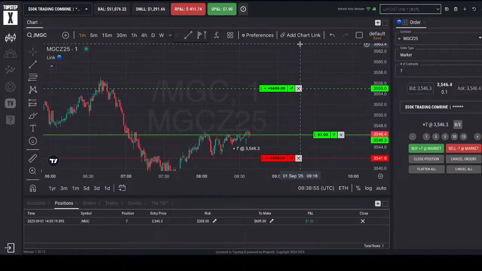Initially our trade idea is bullish, and yeah, let us see what happens. We just keep waiting and waiting. That's it.